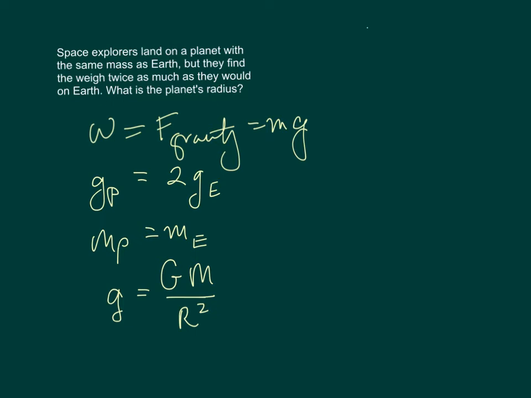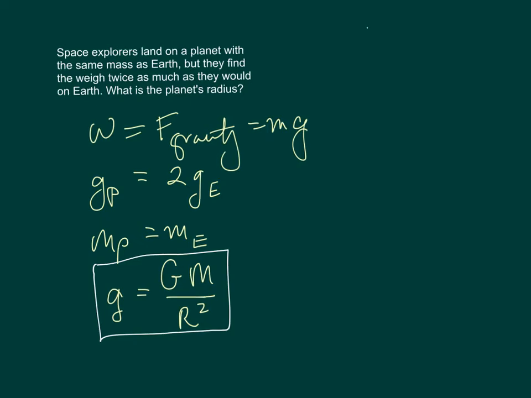So what we might want to do is take this expression that relates the acceleration due to a planet's gravity, and rearrange it to present how the radius depends on g. And then what we'll want to do is take a ratio of the radius of Earth with respect to the radius of this new planet to see how, in this situation, the radii of the planet would be different.